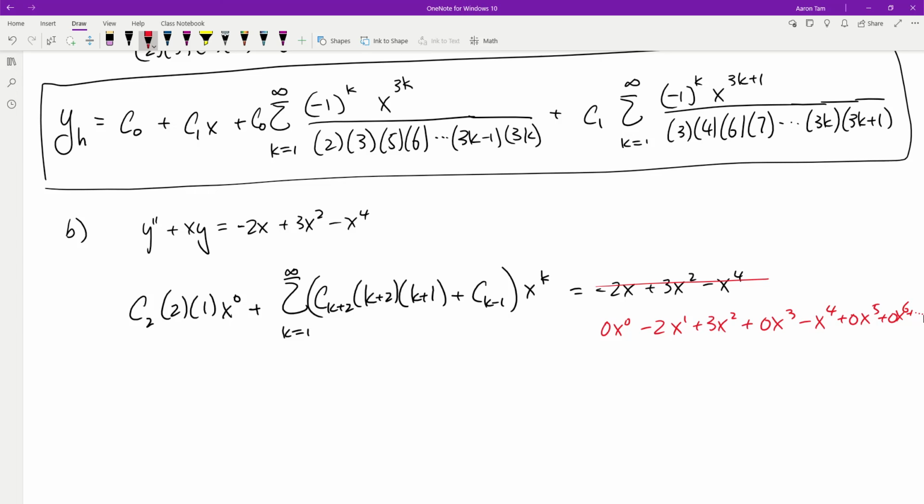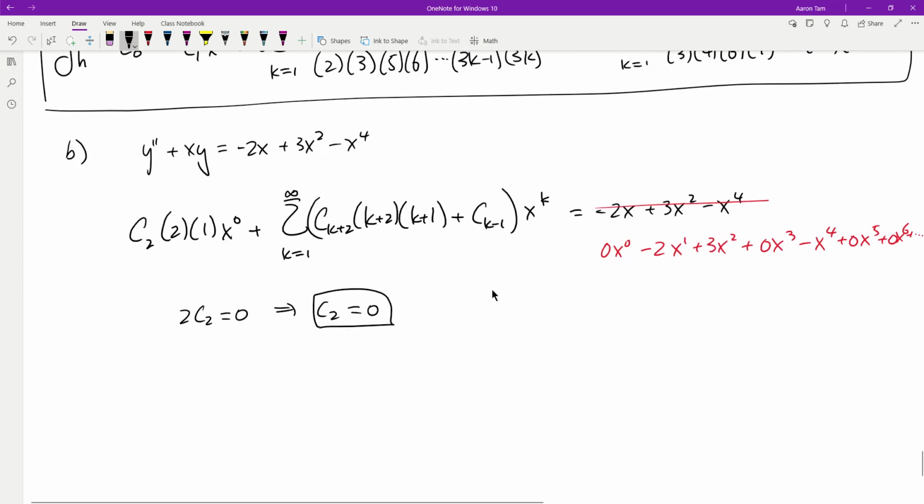Notice that x to the 0 power has a 0 coefficient and matches c2 times 2 times 1. So that implies 2c2 equals 0, which makes c2 equal to 0. So that stays the same, which is good. That gives us the constant term.